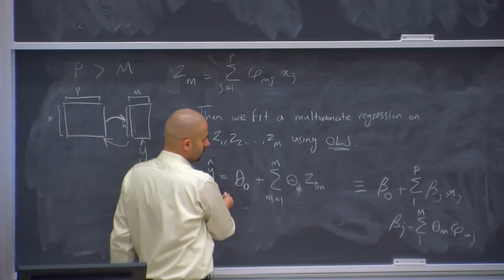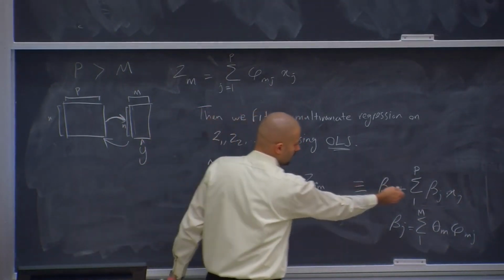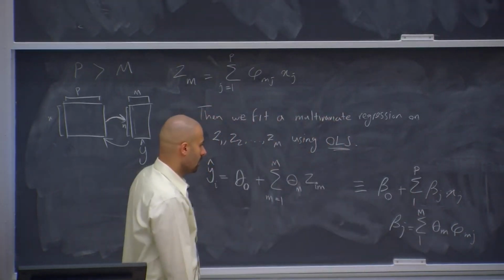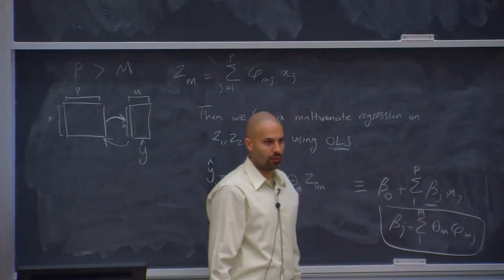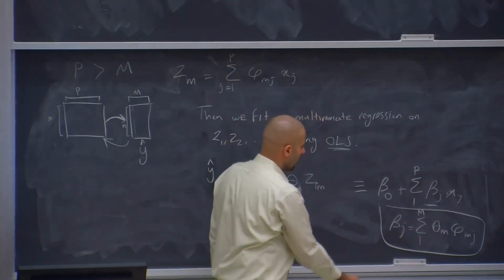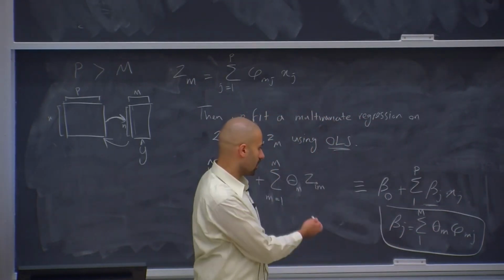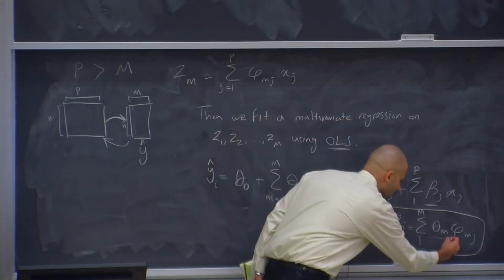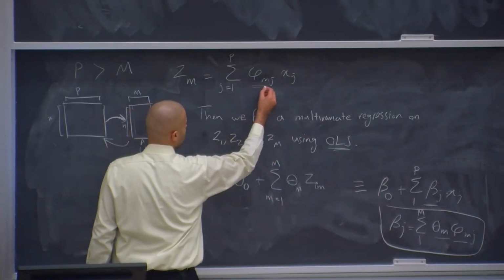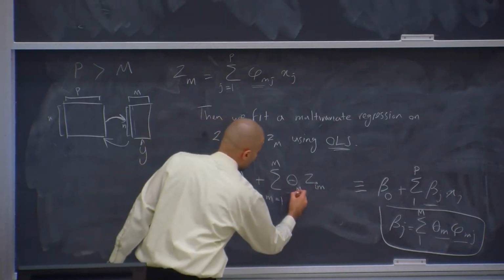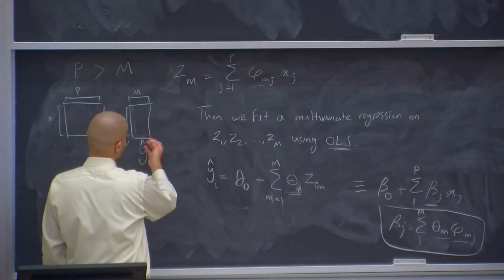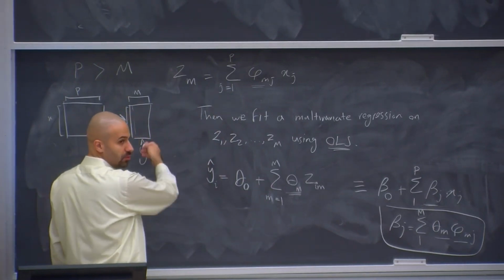So y hat is some intercept plus some coefficient times the original features, as long as the coefficients take this restricted form. This is a very specific form: the effect size of predictor j in the original data comes from the weights that we use to break it down into different linear combinations, and the weights that those linear combinations received in that OLS fit on reduced data.